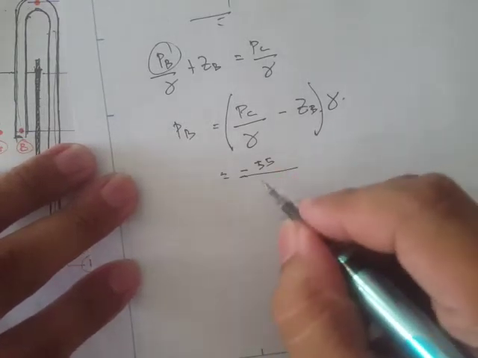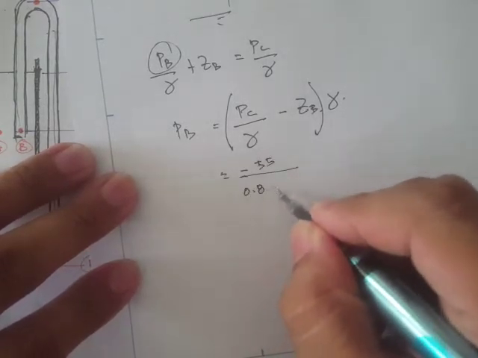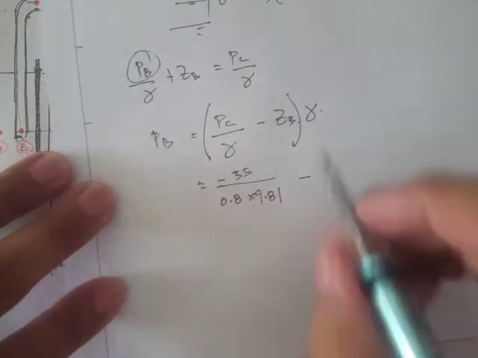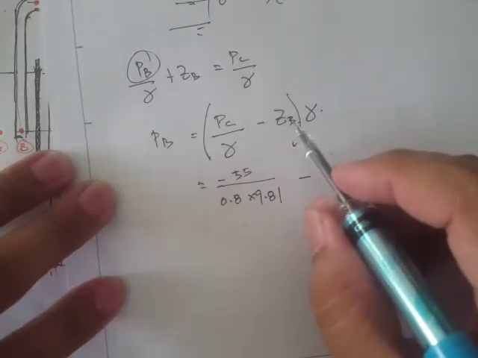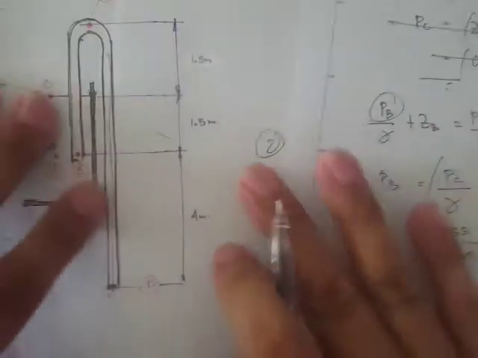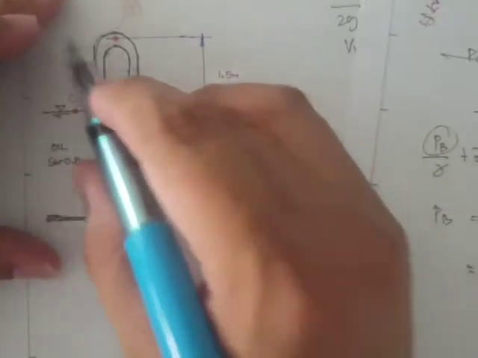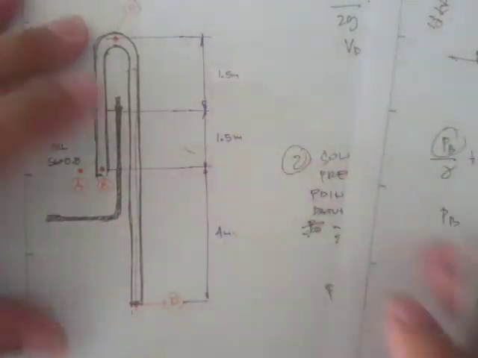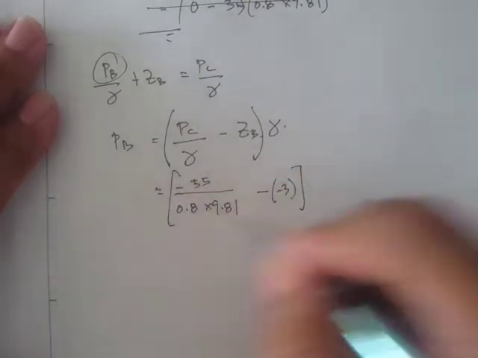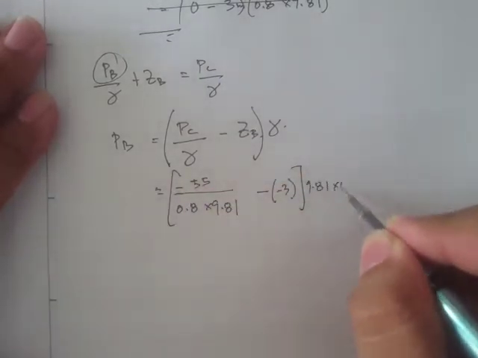Divided by the unit weight, which is 0.8 times 9.81, minus Z sub B. From this reference line, going down would be negative, so minus negative 3, times 9.81 times 0.8.